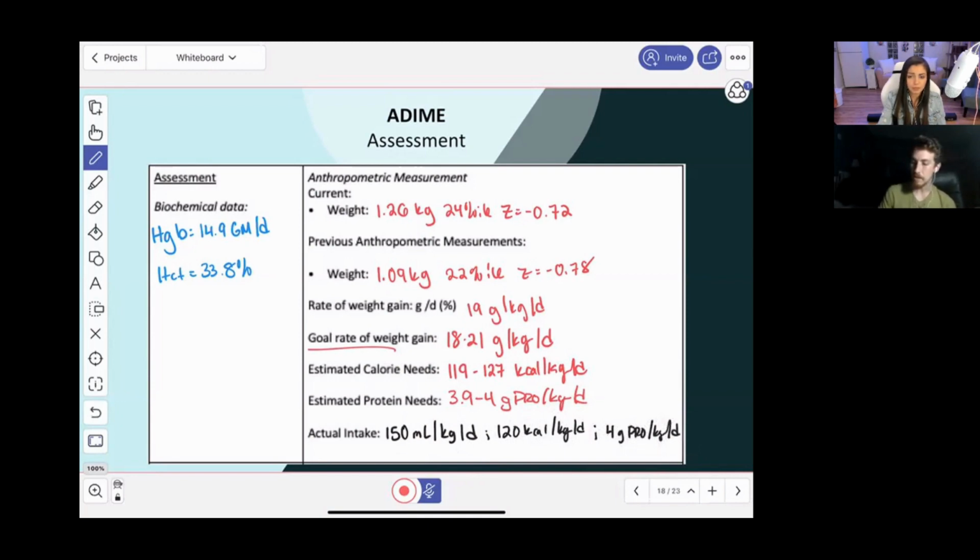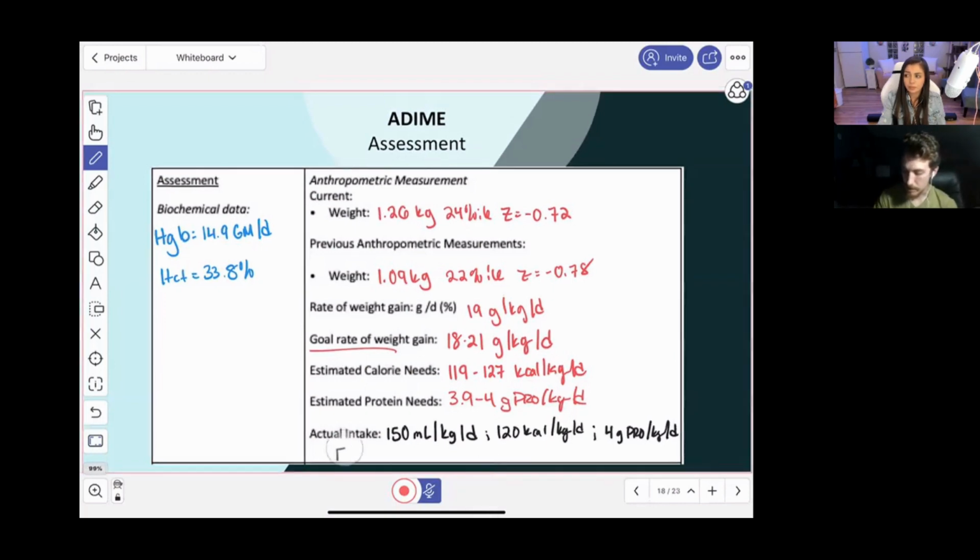And we also want to include a few other micronutrients because we found that these were the ones that were sort of lacking. So we felt that they were important to include here. So we would include iron at 2.2 milligrams per kilogram per day.